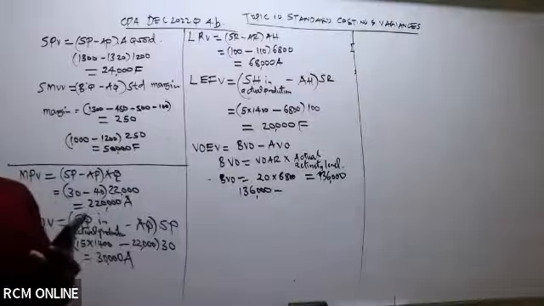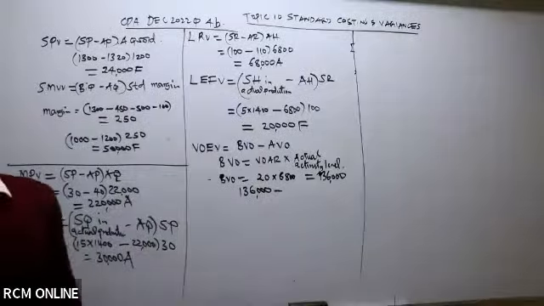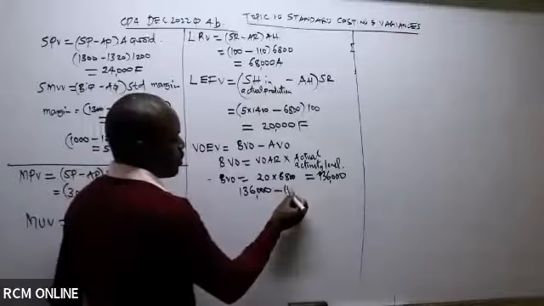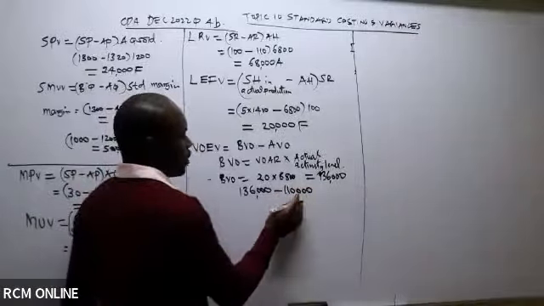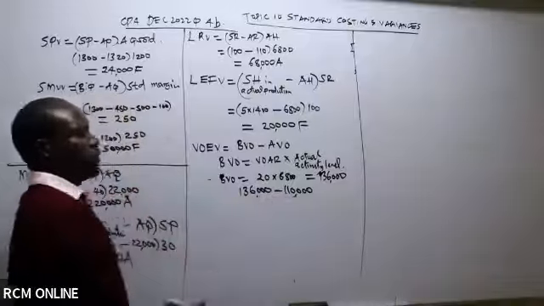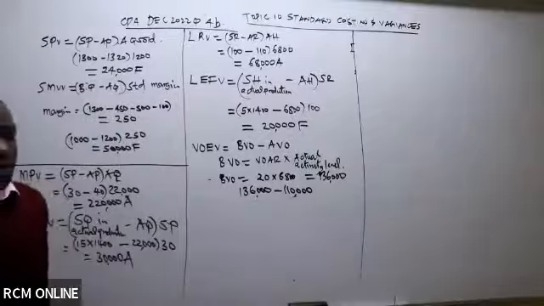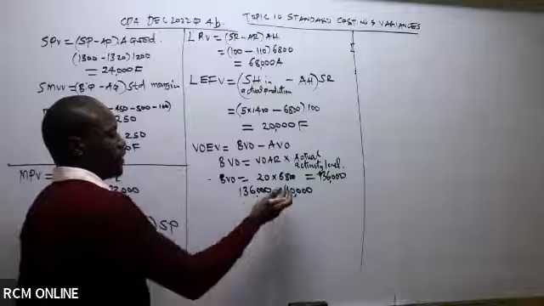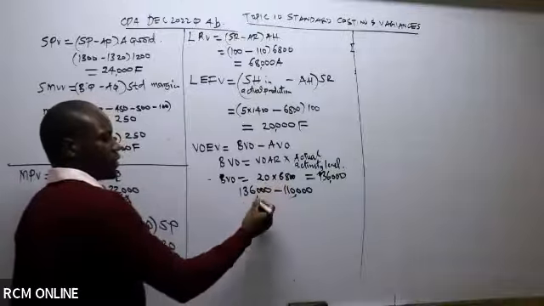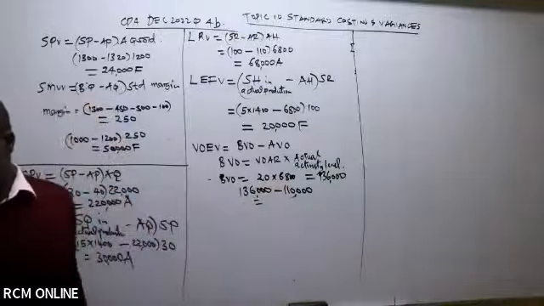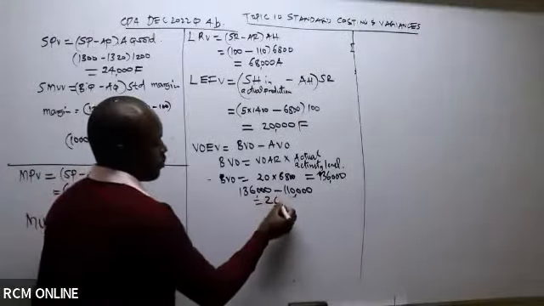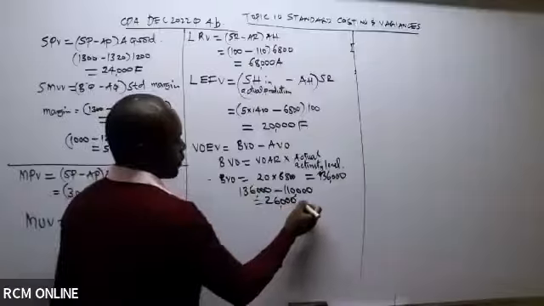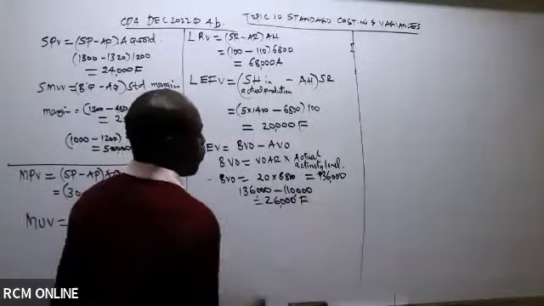Actual variable overhead is 110,000. Is this something to be happy about? Yes, they should celebrate over that. So what's the difference? Is it 26,000? Yes. And they should be happy about it because they have saved 26,000.